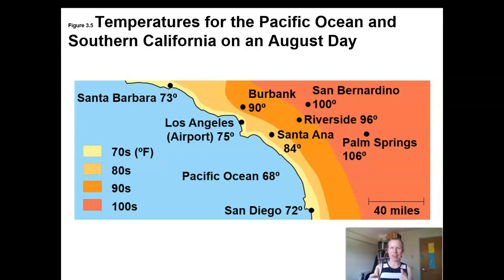So temperature is really just a clever measurement of the amount of kinetic energy in something. So basically, with just a slight change in its own temperature, water can change the amount of kinetic energy a lot.